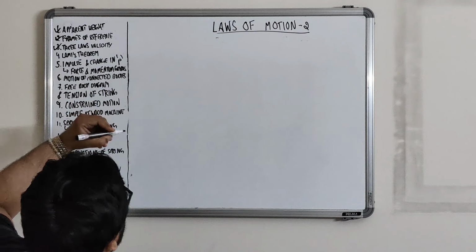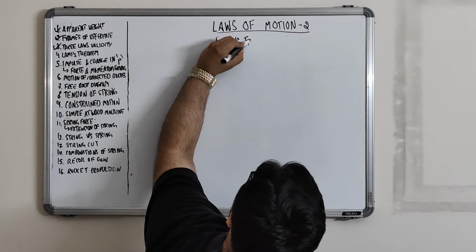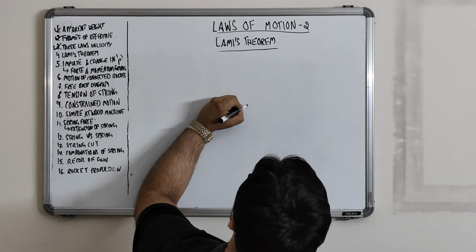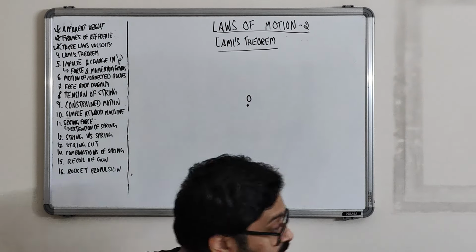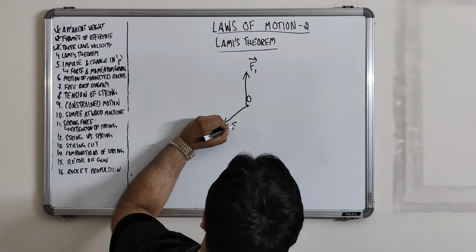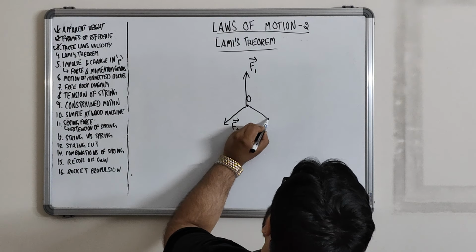So, three laws. Let us talk about Lami's theorem. Let us assume there is this particle O. A force is on it, let's say vector F1, another force F2, and another F3. The angle opposite F1 is alpha, the angle opposite F2 is beta, and the angle opposite F3 is gamma.